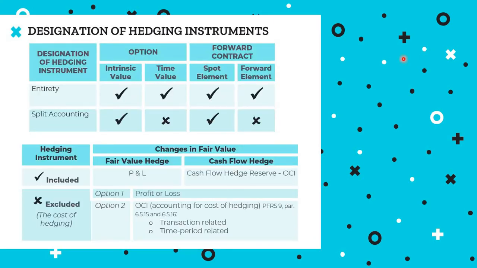So, dahil meron tayong dalawang option, dalawa ang gagawin ko. I-illustrate natin kung paano siya kung ang ating forward contract will be designated in its entirety, ibig sabihin, kasama yung spot at kasama yung forward element sa ating hedging instrument, at kapag isa-separate natin yung spot from the forward element.